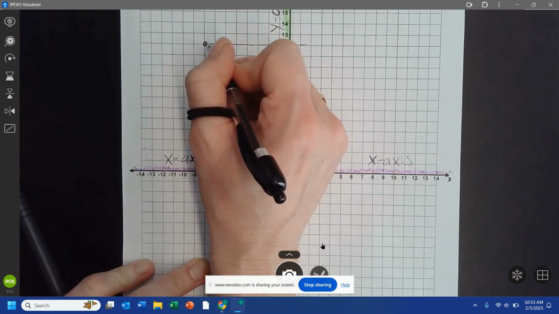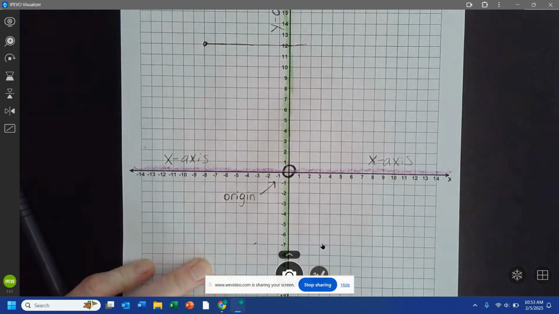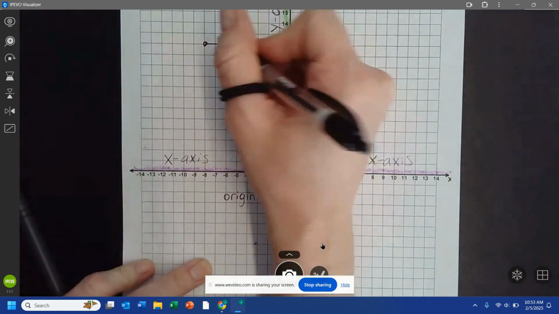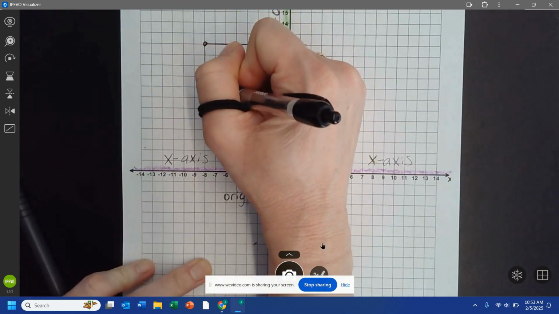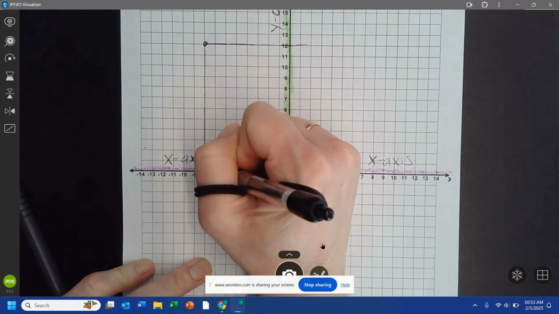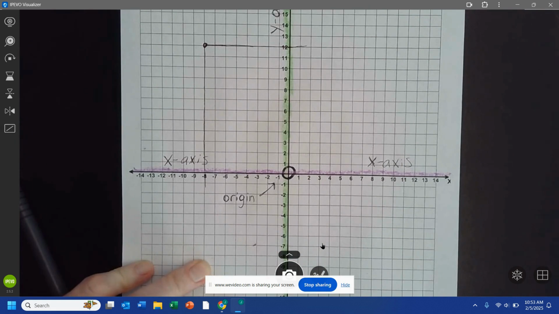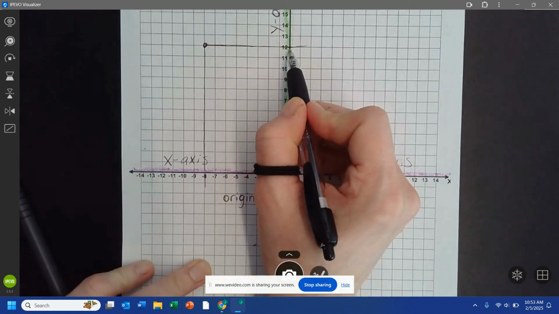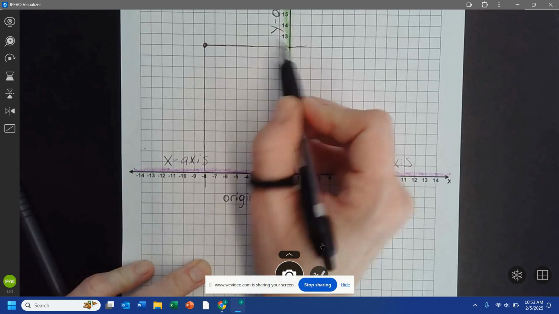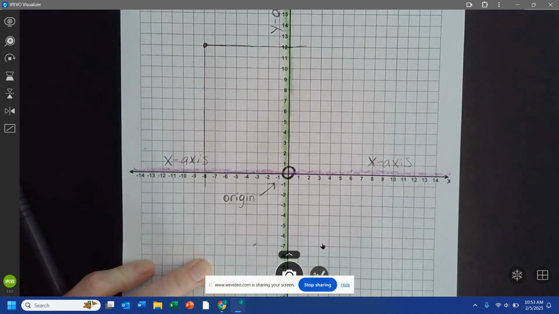So I see that this little road crosses the 12 on my y-axis, and this road crosses the -8 on my x-axis. Both of those numbers are going to be important. So if I call up the fire department or the ambulance and I say, you need to go to, and I give the 2 numbers, -8, 12, they will be able to find me.